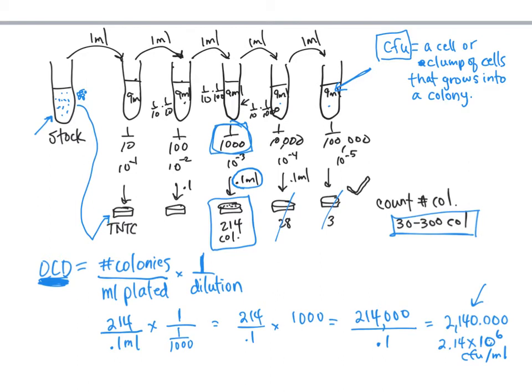Now, E. coli, which we usually use for this lab, doesn't really clump together all that much, so that might not be an issue. But that's the reason that we say colony-forming units instead of cells. So a colony-forming unit could be a single cell, it could be a little cluster of cells. Whatever it is that grows into the colony on this plate.